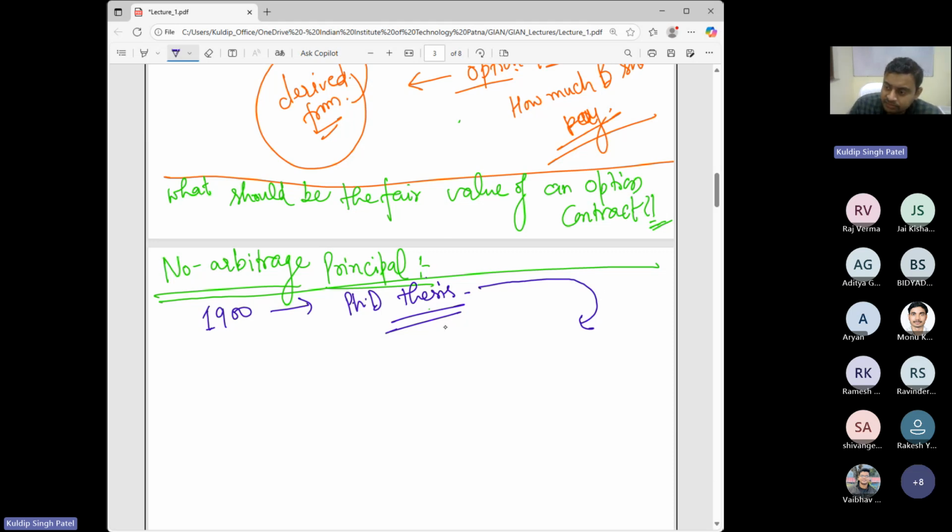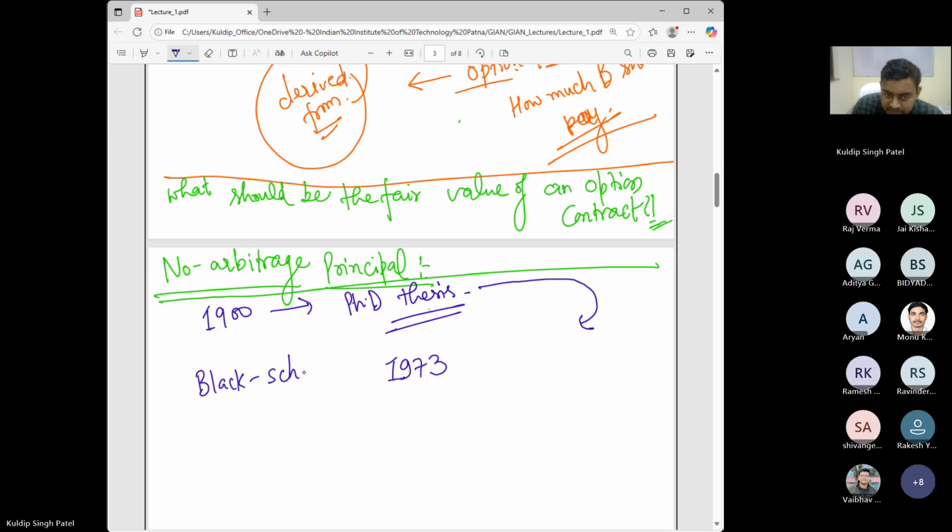Okay. So in 1900, Louis Bachelier discussed this problem in his PhD thesis, and from 1900 onwards it went on, and then one breakthrough result came in 1973. What is the name of the result?